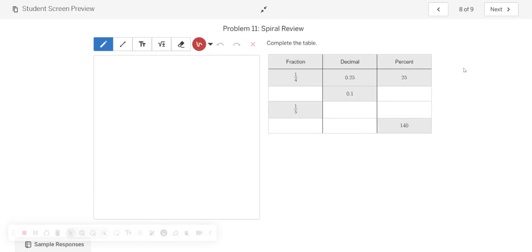Okay, and here we go. Oh, spiral review. As a fraction, this is pronounced 1/10.